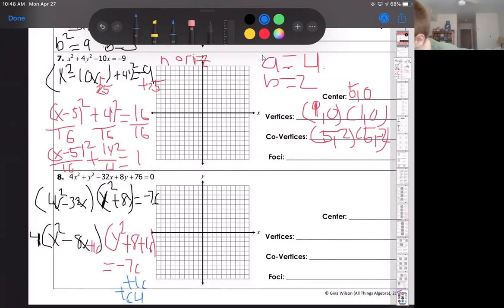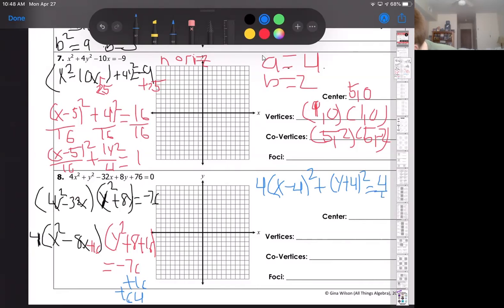I'm running out of space, but this would be 4. And then it would be (x minus 4) squared plus the y part would just be (y plus 4) squared. If you add up negative 76 plus 16 plus 64, that's going to be 4.